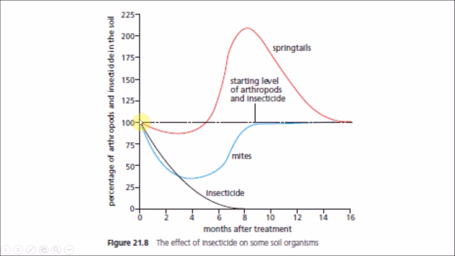As you have the insecticide added, the numbers decrease, because as months pass, the concentration in the soil will decrease. But as the concentration of insecticide decreases, the number of springtails and mites will increase again. Springtails even above the numbers that they were at originally.